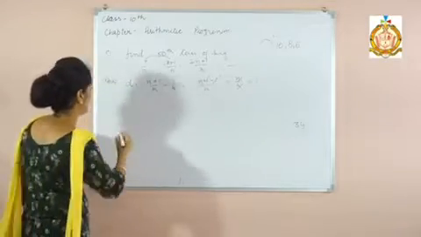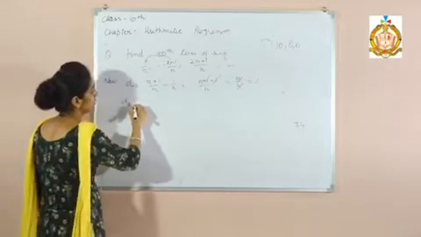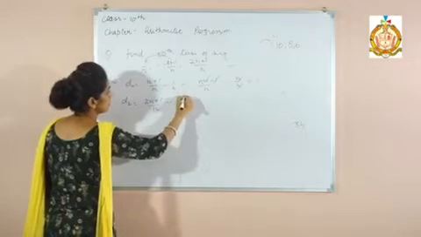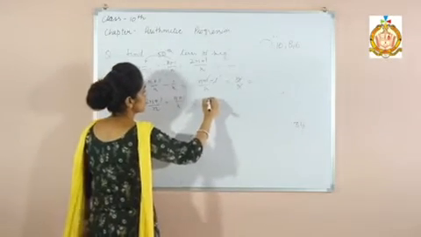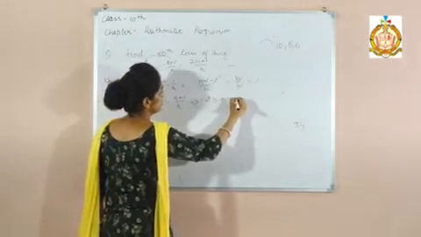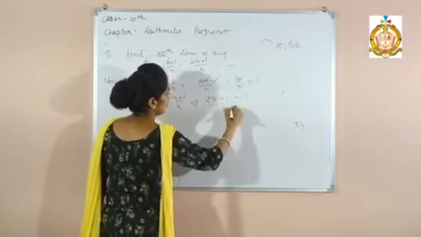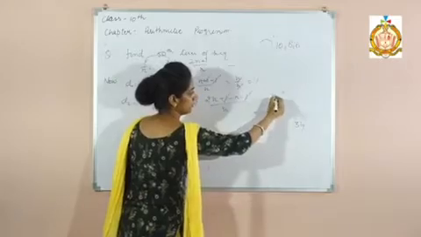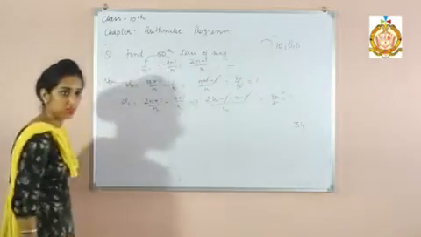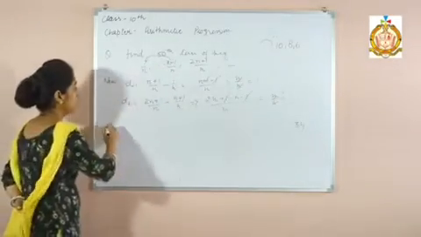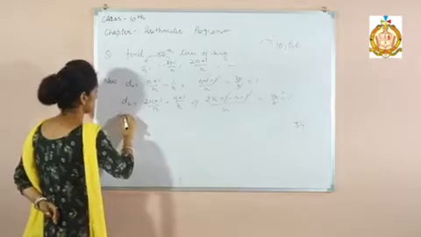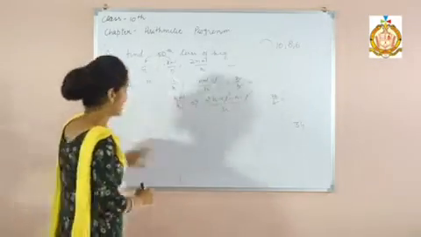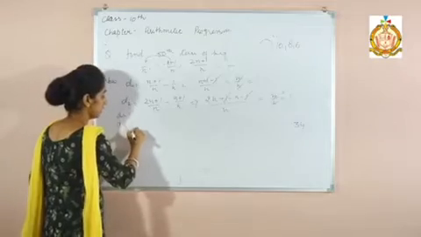Now again, this is d1. Now you have to find d2: 2n plus 1 over n minus n plus 1 over n, which is 2n plus 1 minus n minus 1 over n. This and this cancel, and we get n over n, which is equal to 1. So the common difference is 1, and the first term a is 1 over n.